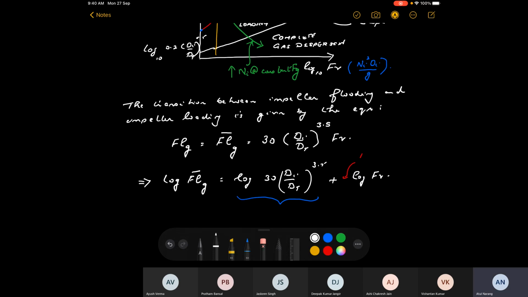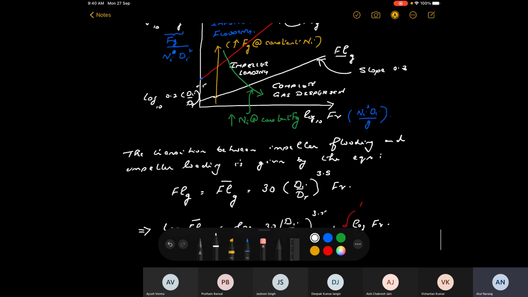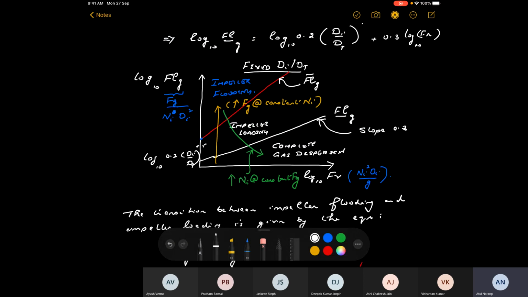FL over bar G is essentially 30 times di over dt, to the power 3.5, multiplied by the Froude number. So when you take the logs, you can see that now the log of FL over bar G versus the log of the Froude number will have a slope of 1. That is why the red line that is drawn over here has a higher slope.